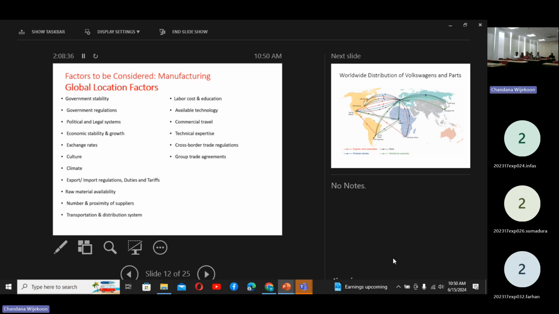And more importantly, exchange rates, and industry-specific factors like foreign trade related factors, such as import and export regulations, bilateral or within-the-group trade agreements, which would be seriously considered to get advantages.